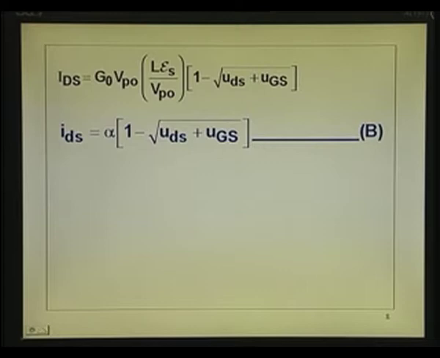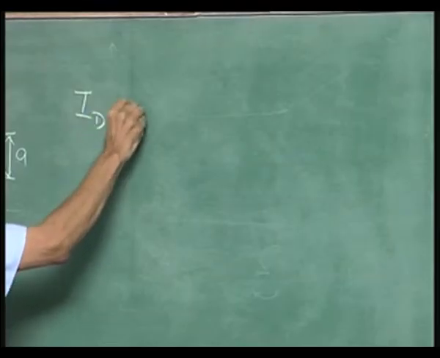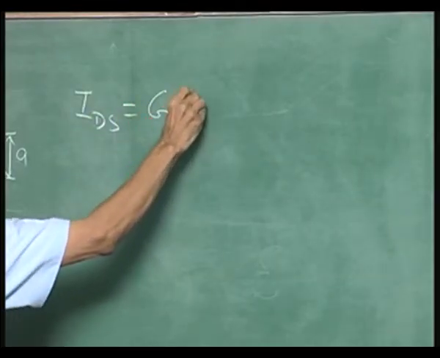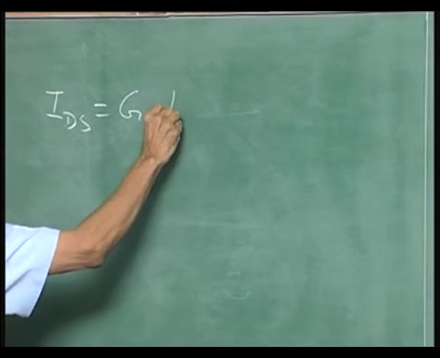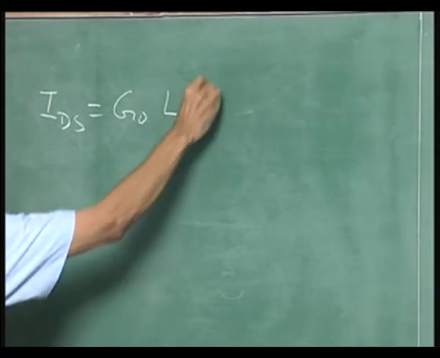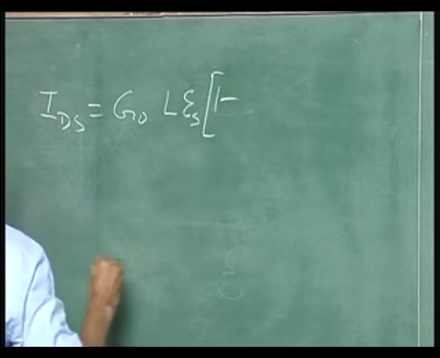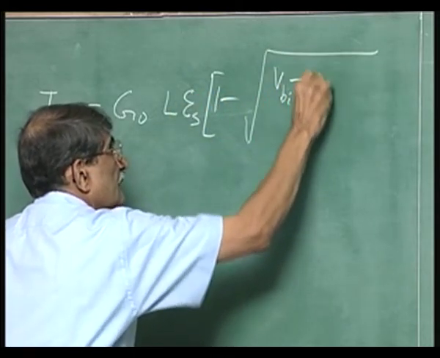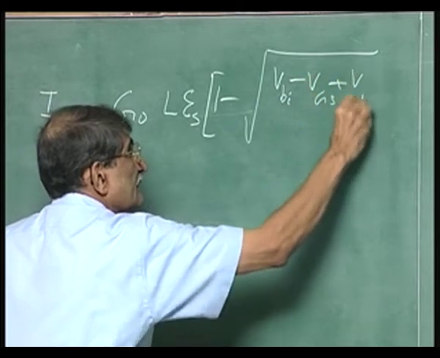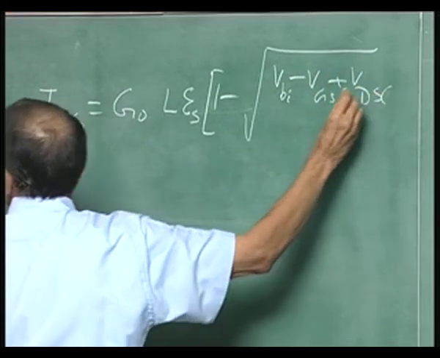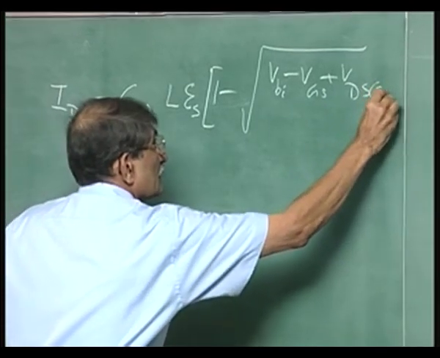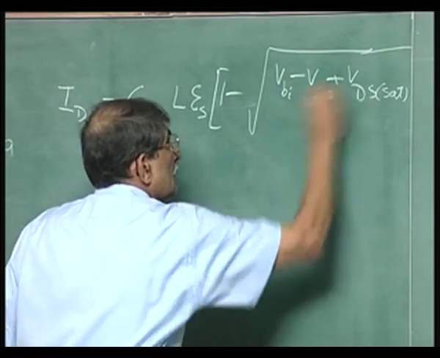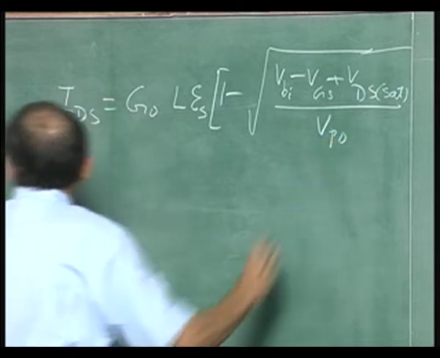I d s is G naught into L E s into 1 minus square root of V b I minus V g s plus V d sat, divided by V p 0.